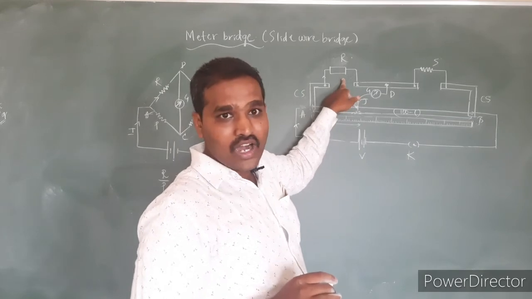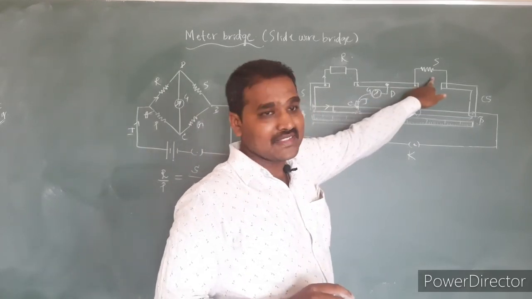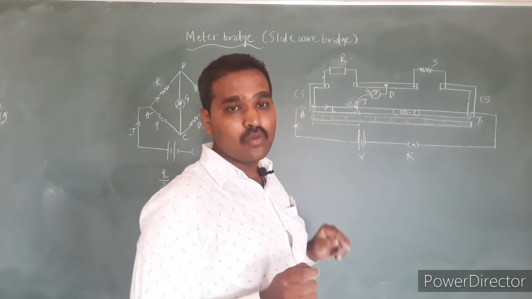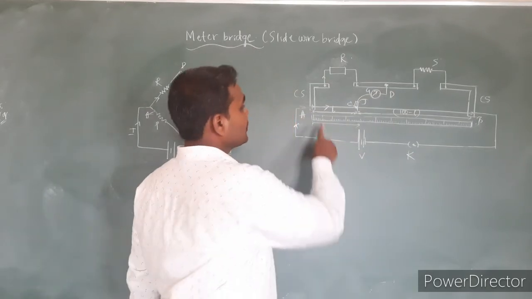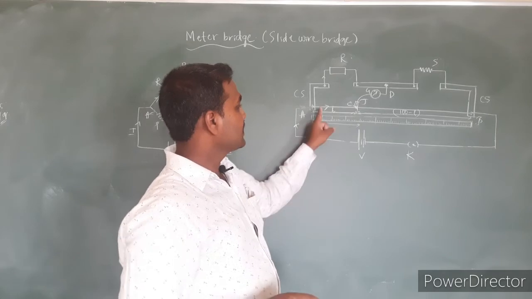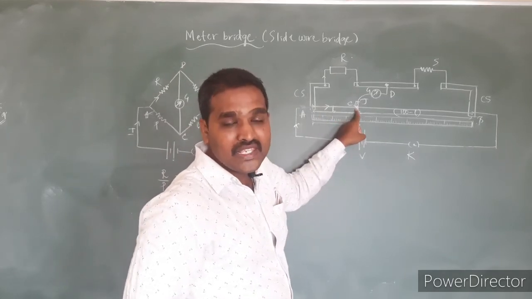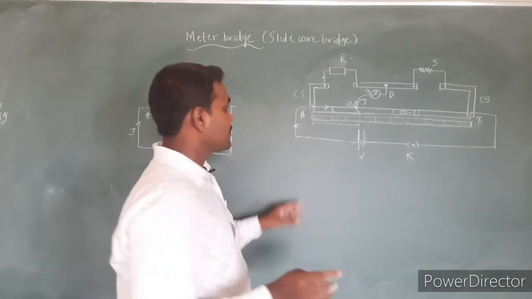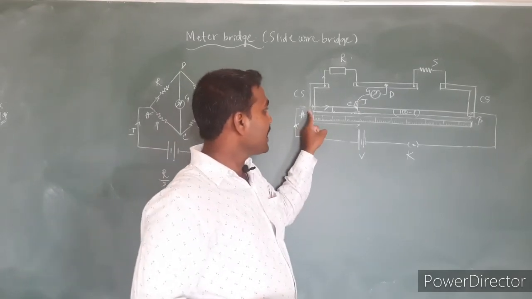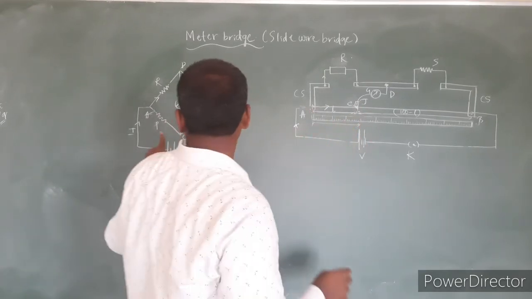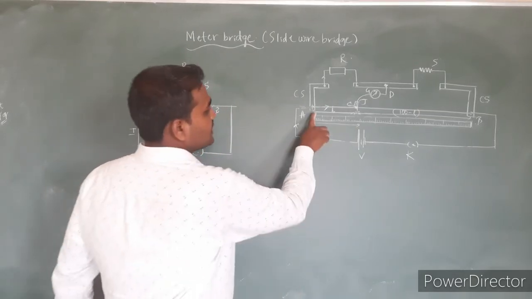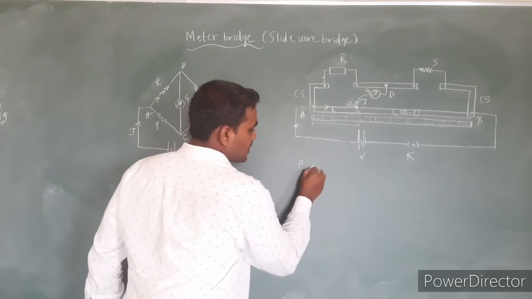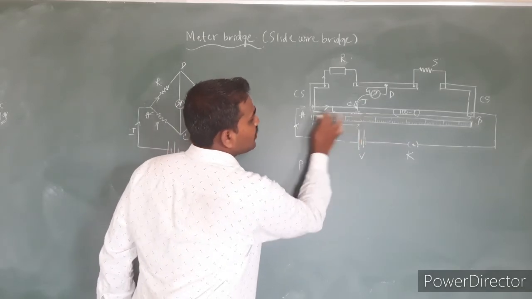Now I know the value of R, I don't know the value of S, but what about the resistance of these two wire parts? That I don't know, but we know the property of the resistance, that is the resistance of any metal wire is directly proportional to the length of that metal wire. I have said the resistance of this metal wire AC is equal to P. So P must be directly proportional to the length of AC.